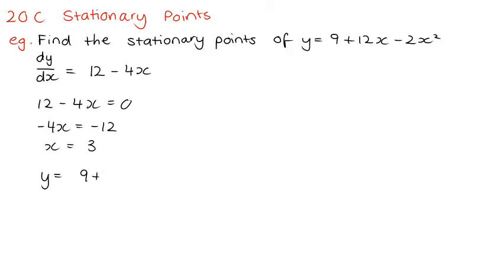So y equals 9 plus 12 times 3 minus 2 times 3 squared, which is 9 plus 36 minus 3 squared is 9 times 2 is 18.